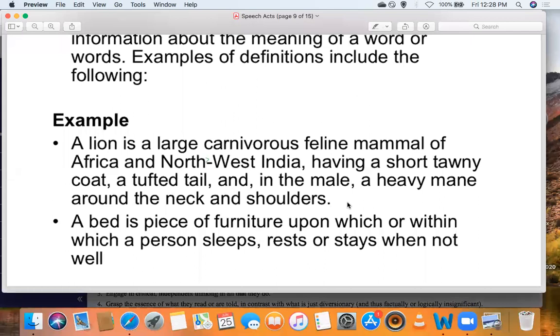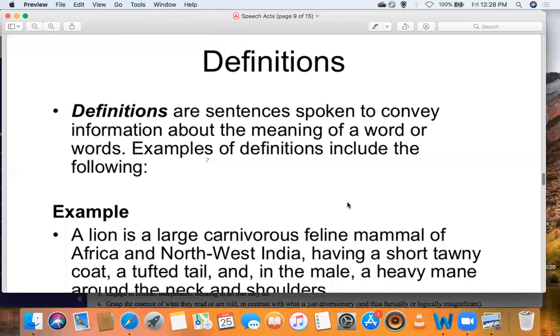So this is an example of a definition. Another example: a bed is a piece of furniture upon which we rest or sleep. So definitions provide information about the meaning of a word. So you can see that they are in contrast with factual statements.